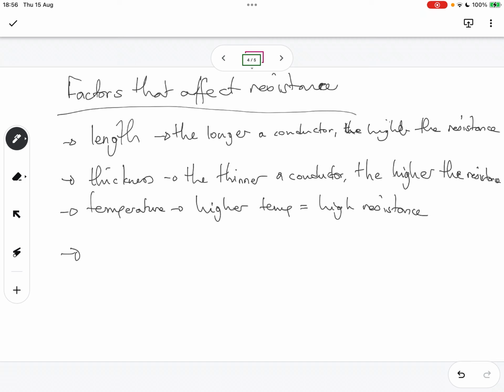And then there's also the type of material.